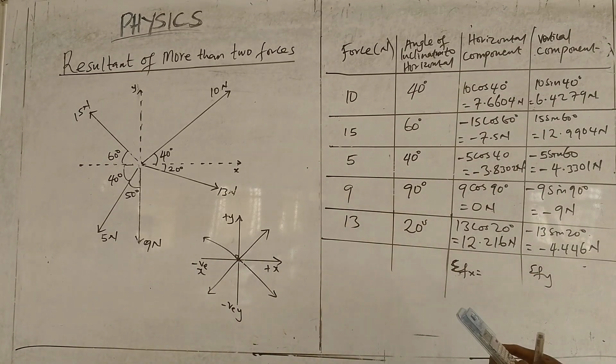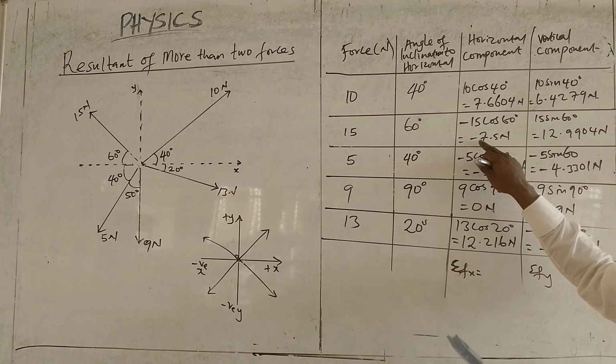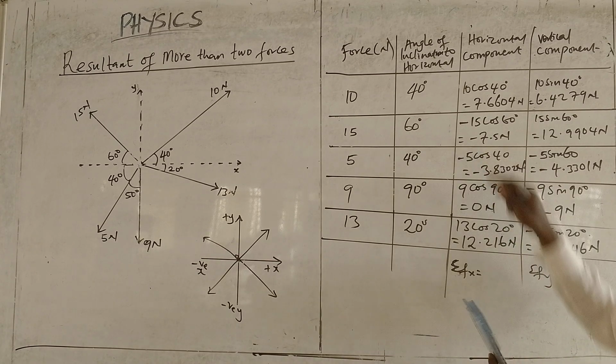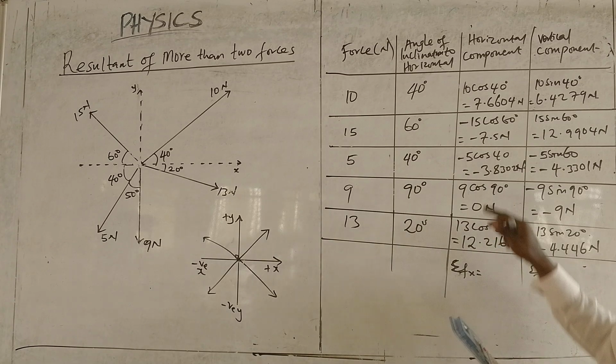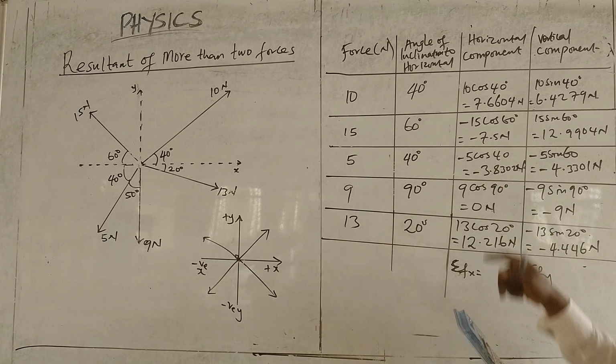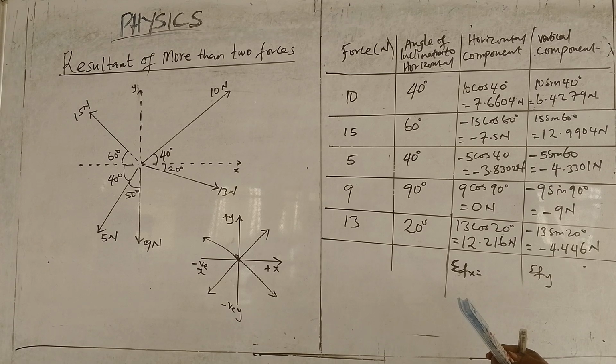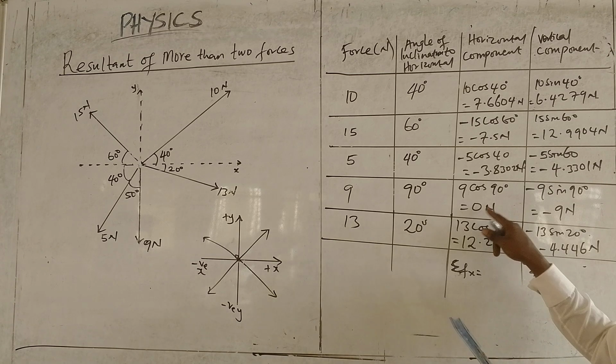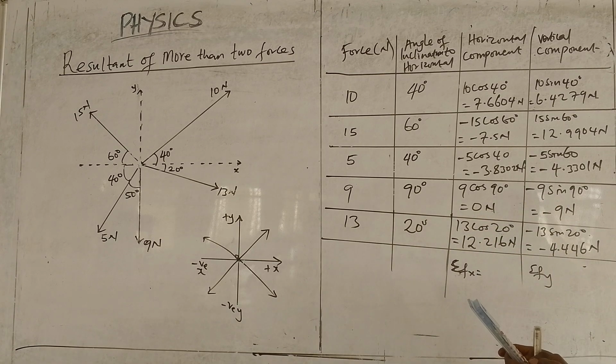Press it out in your calculator. 7.6604 minus 7.5 minus 3.8302 plus 0, then plus 12.216.